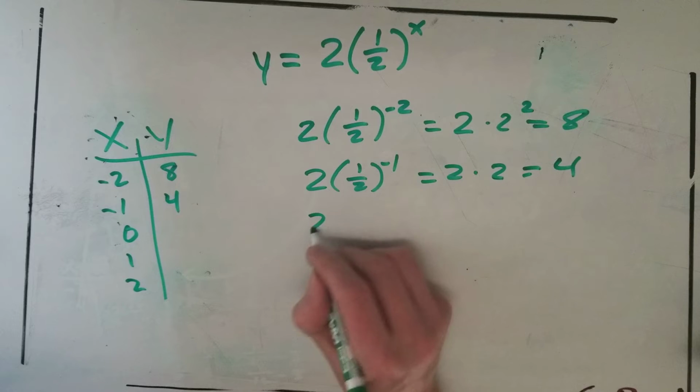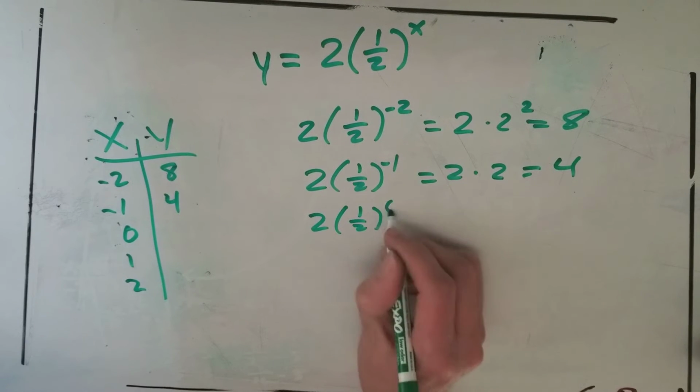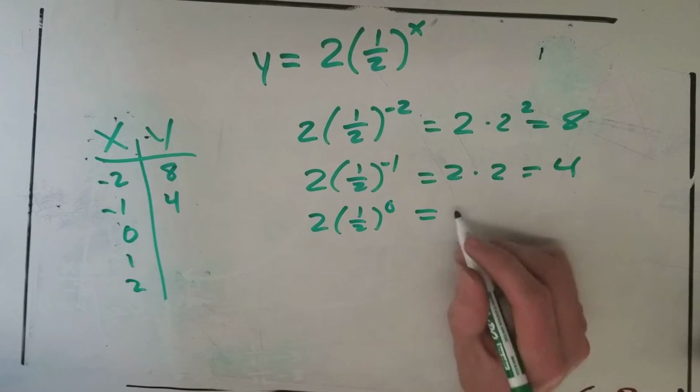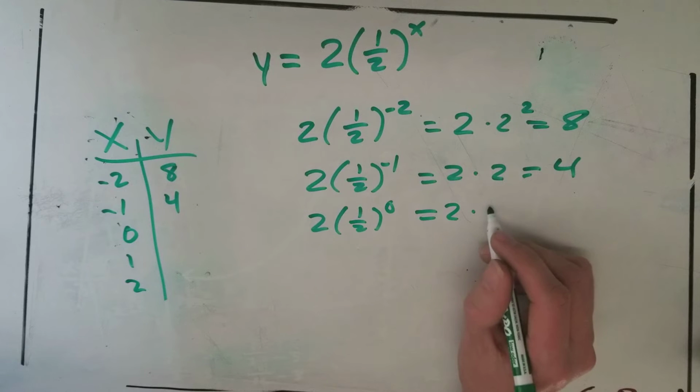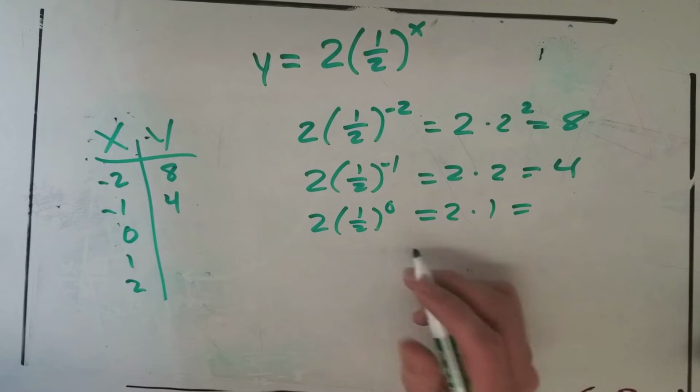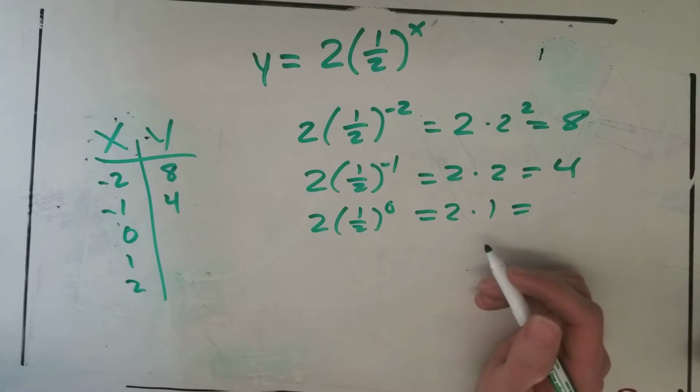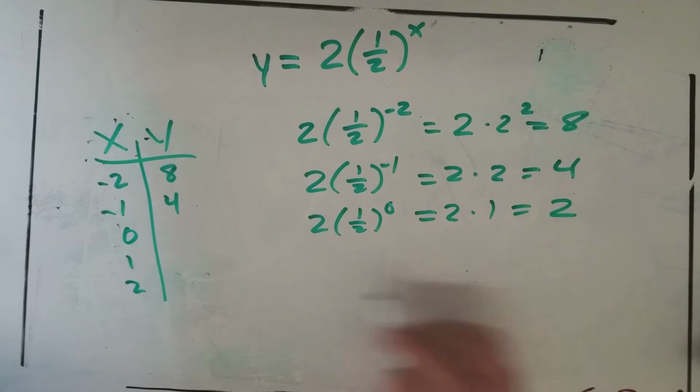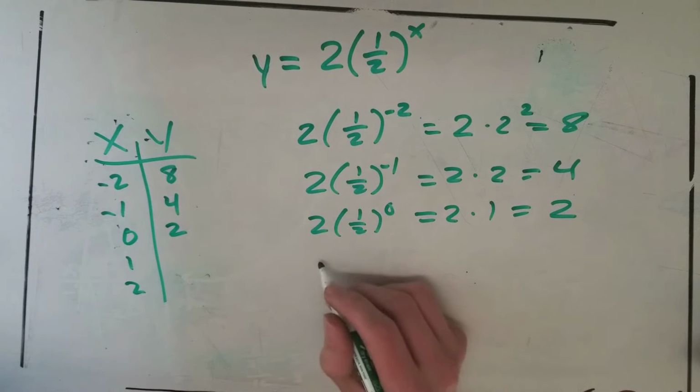There's your output. 2 times 1/2 to the 0th, anything besides 0 to the 0th is going to be 1. 2 times 1 gives you 2.